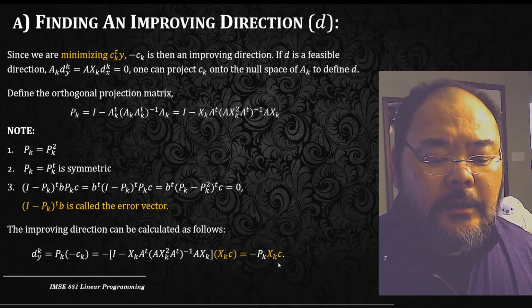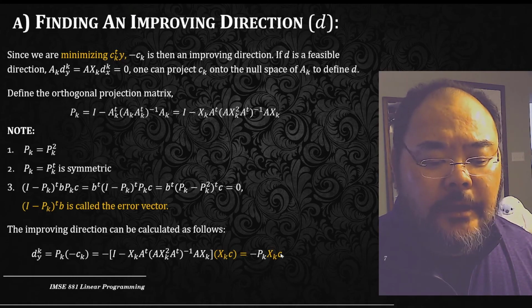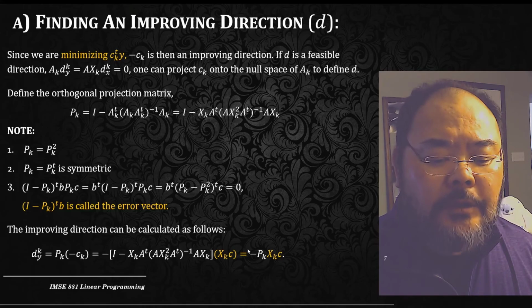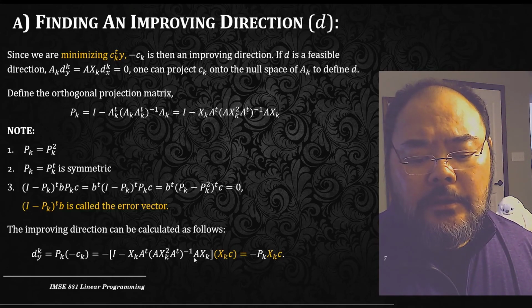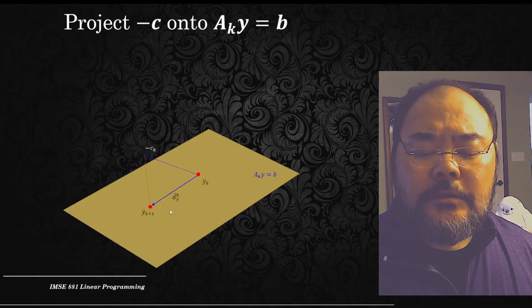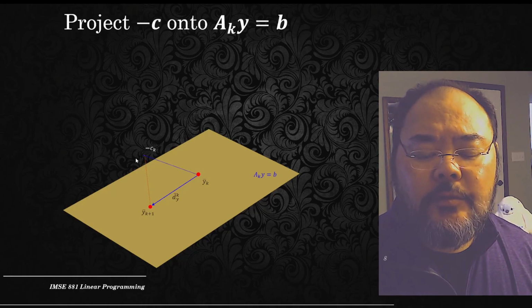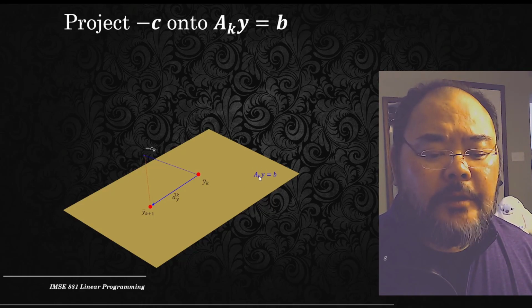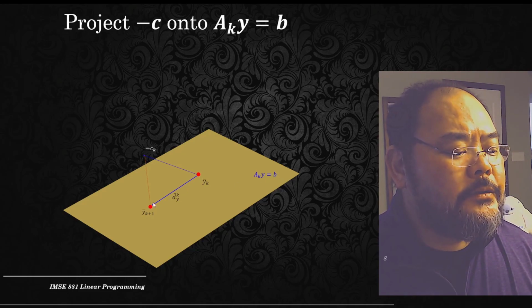We can calculate this fairly simply, since ck equals xk times c. And this is the illustration of why I can project negative ck onto the null space of AK times yk equals b and produce this dyk.